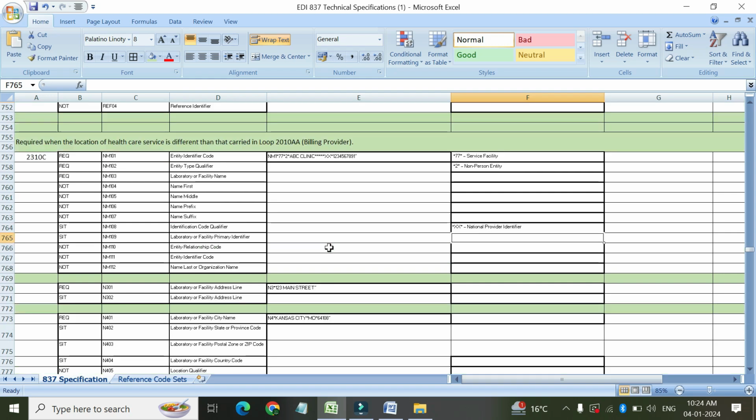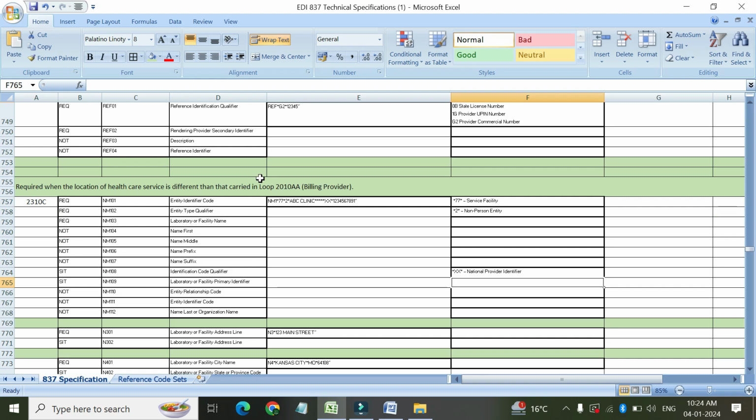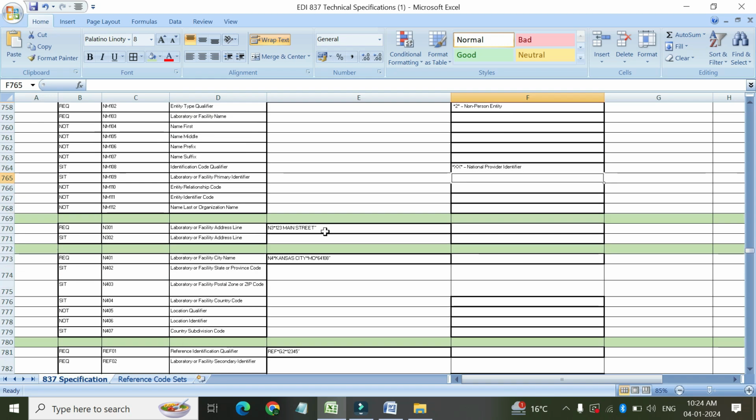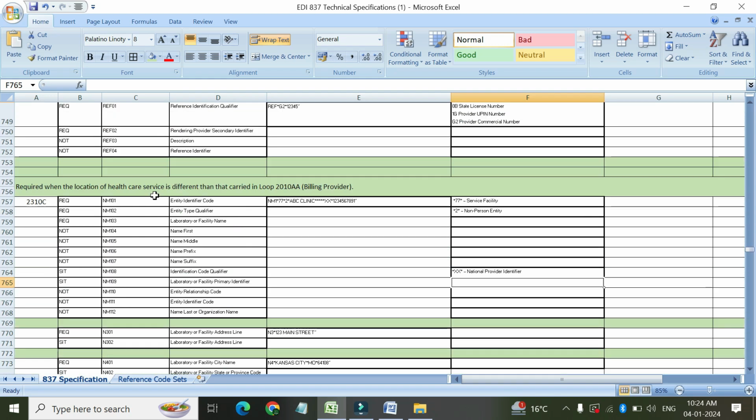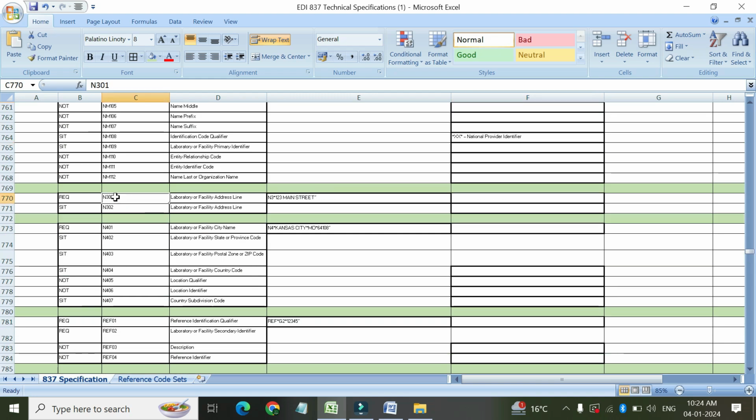Okay, let's move ahead. So the service facility's address will be there in loop 2310C segment N3. N301 will have first line of address, N302 if applicable it will have second line of address, else blank.